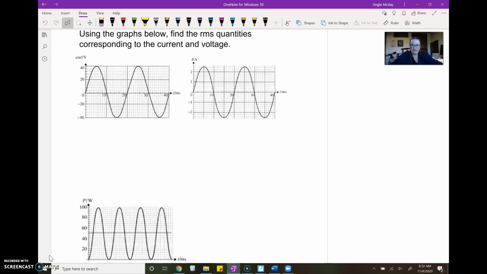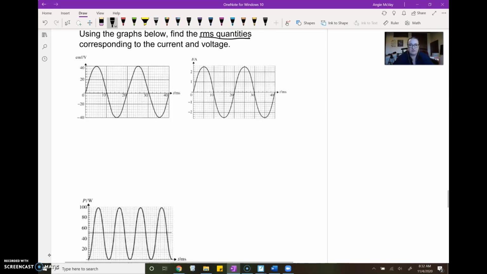But if we look at EMF and current, since they are oscillating about 0, the average current and the average EMF are 0, and that's not super helpful. And so in those situations, a tool that we've come up with to get a sense of the average is called RMS.